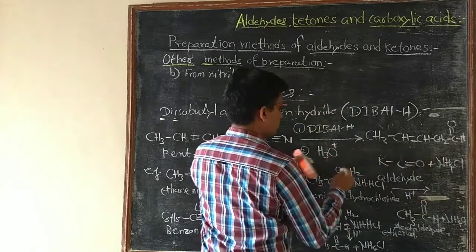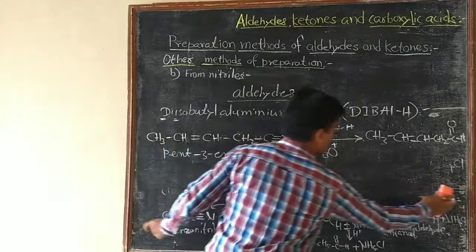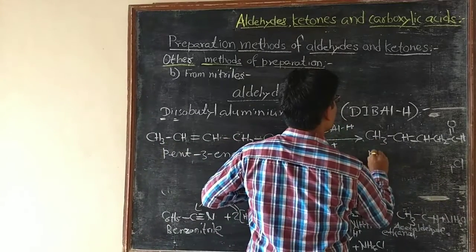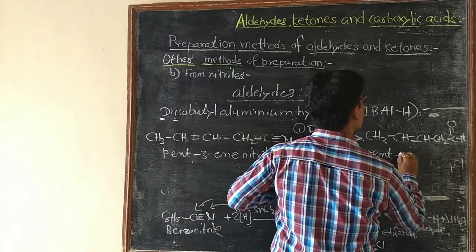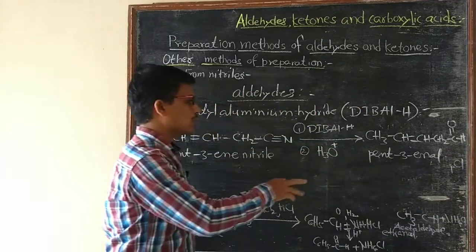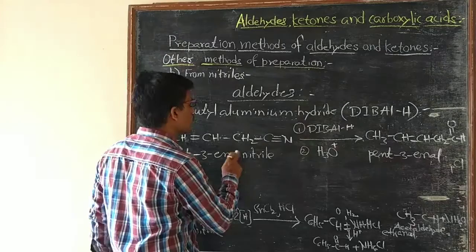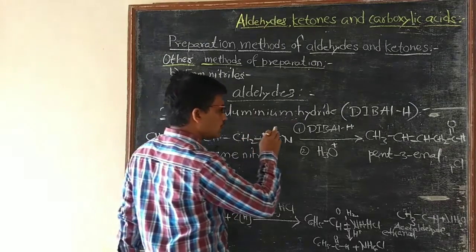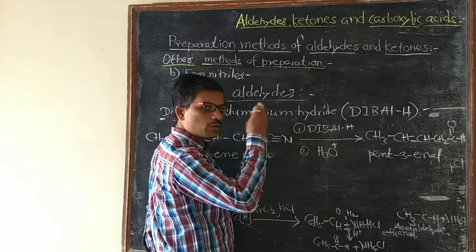Its name is pent-3-enal. That is, when pent-3-ene nitrile is reduced by DIBAL-H, it gives its corresponding imine.